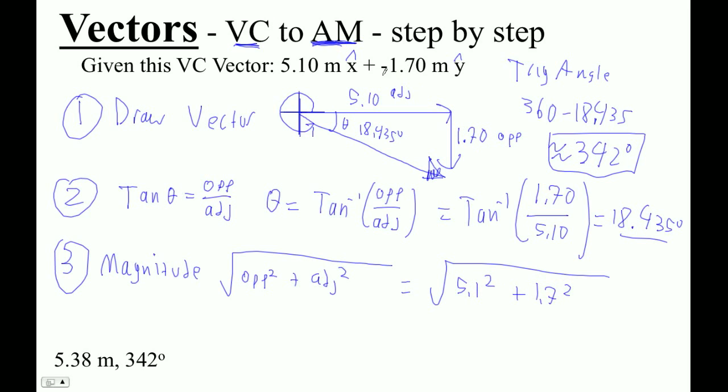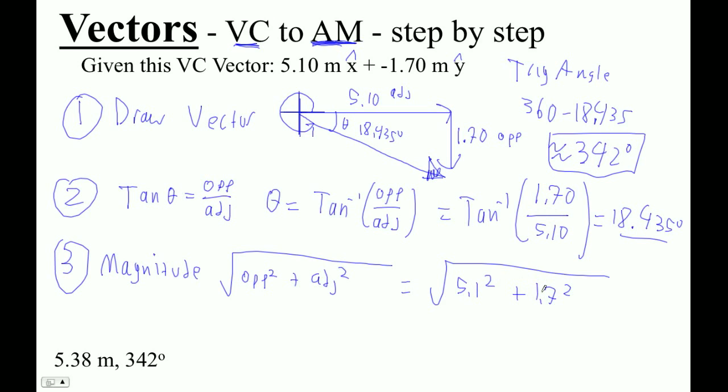Now, don't put the minus sign in there because, in my opinion, your TI calculators have a wonky order of operations. If you say plus a negative 1.7 squared, it interprets that as the opposite of 1.7 squared, not negative 1.7, the quantity squared. So leave the minus signs out of here. So I'm doing that. Square root of 5.1 squared plus 1.7 squared.